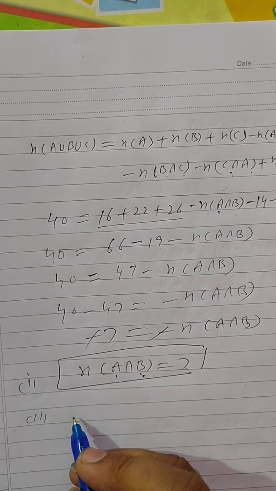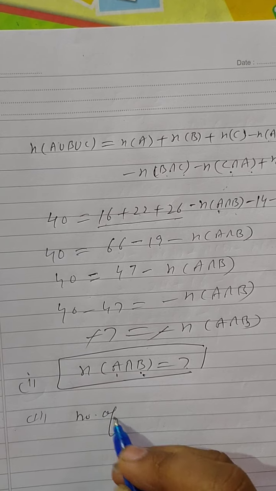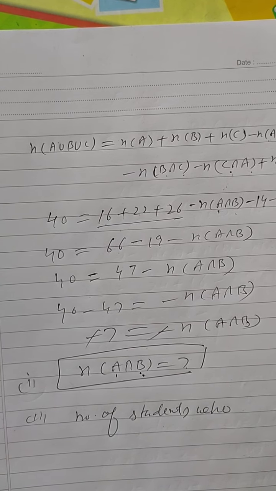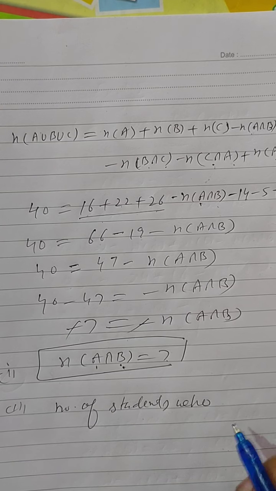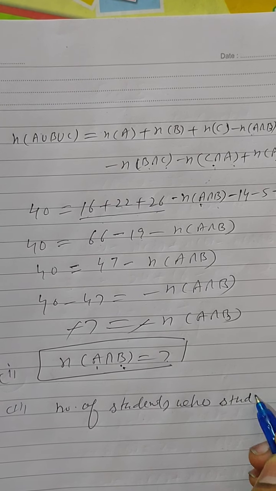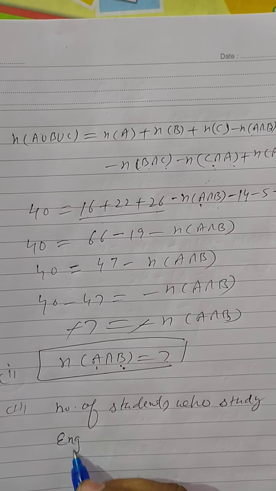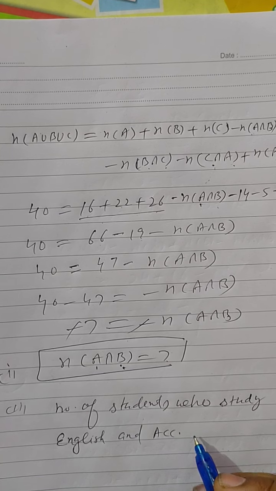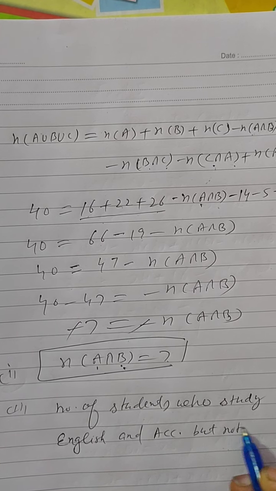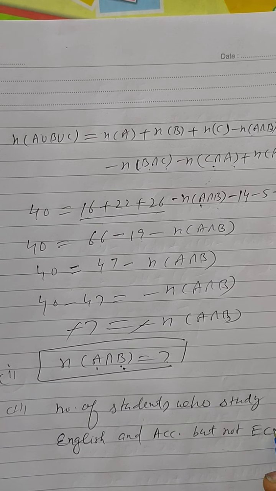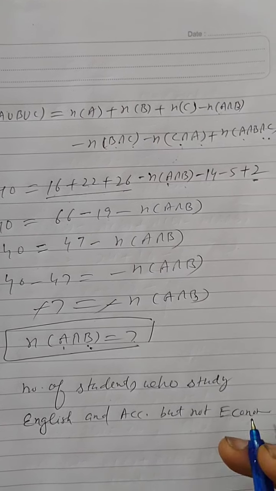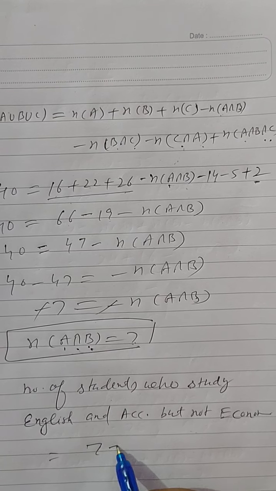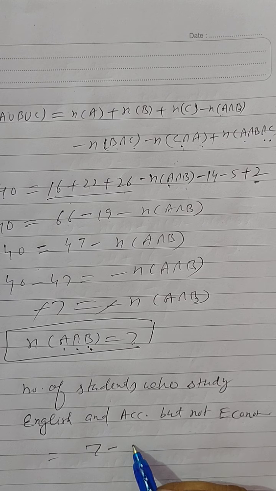Second part, we have to find the number of students who study English and accountancy but not economics. So English and accountancy was 7, minus n of A intersection B intersection C, which was 2.